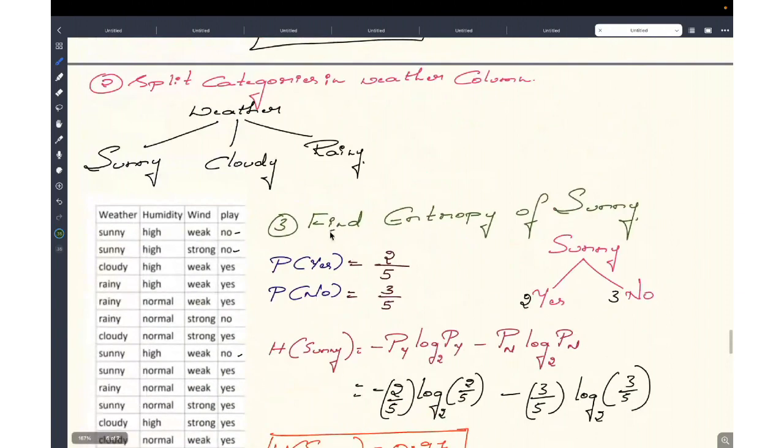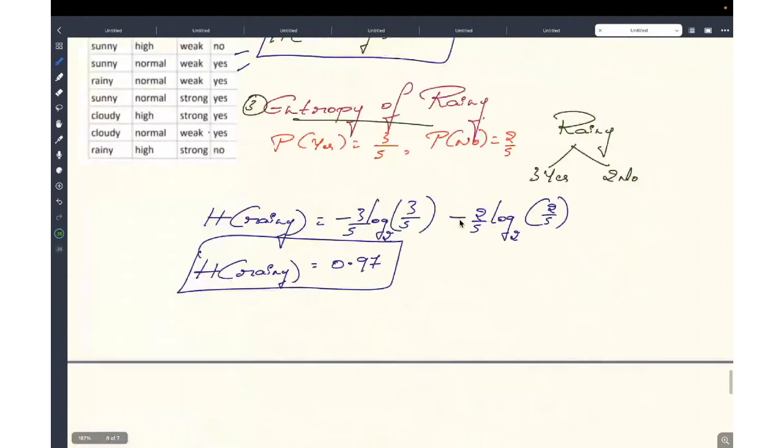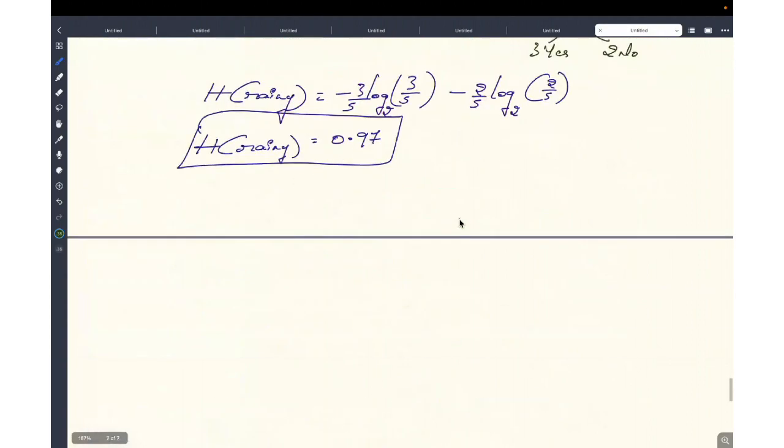Wind. What next? What will you find? You have to find information gain.